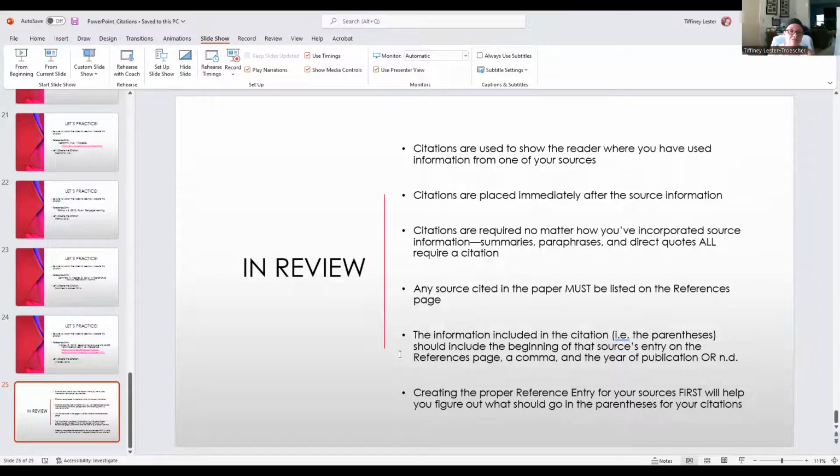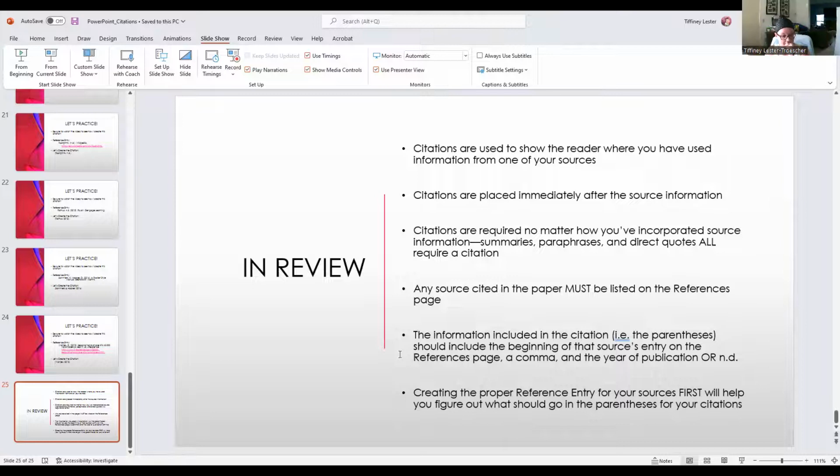Once you understand the relationship between the reference entry and the citation, and you do the reference entry first, citations become so much easier. And all you've got to remember is I have to provide a citation every time I use information from a source, no matter how I use it. That'll help you avoid plagiarism, and it will help ensure that you have proper APA format.